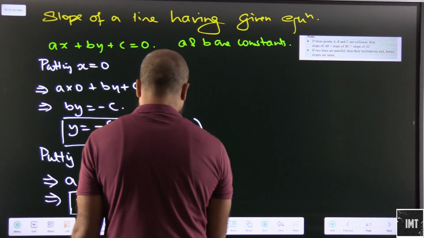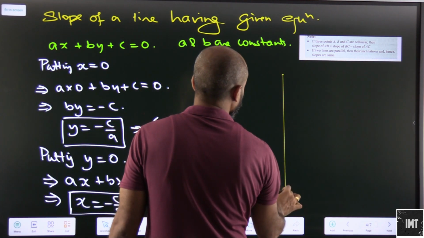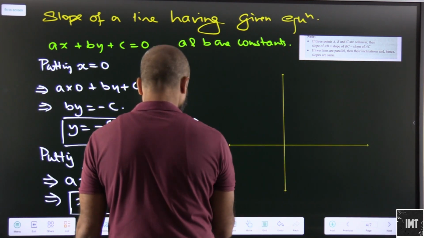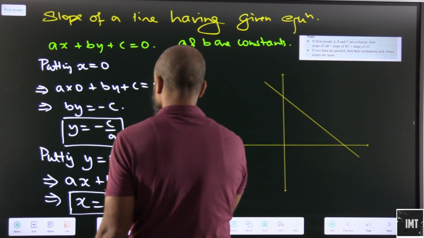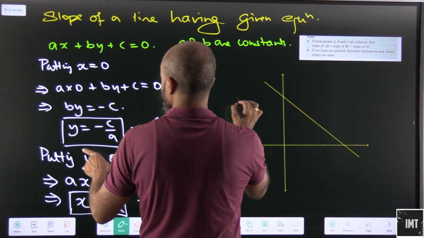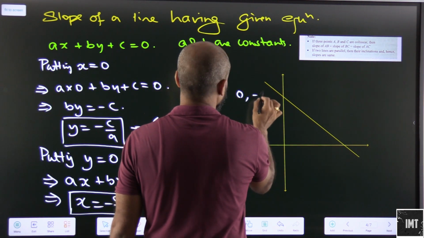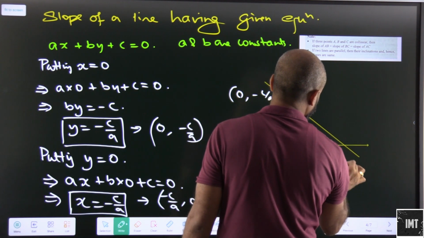So if I happen to plot this on a graph, this is going to be 0 and minus c by b, and minus c by a and 0.